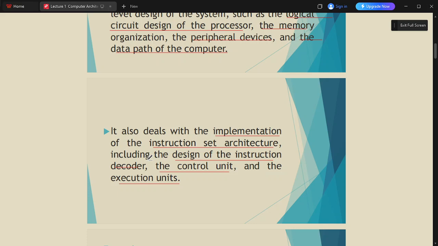So to simplify them into straightforward statements, we'll say the instruction decoder interprets the blueprints, the control unit organizes the workers, or the parts of the computer. That's what we are referring to as workers there. Then the execution units do the heavy lifting.